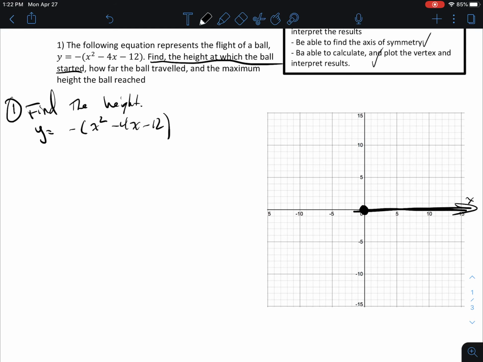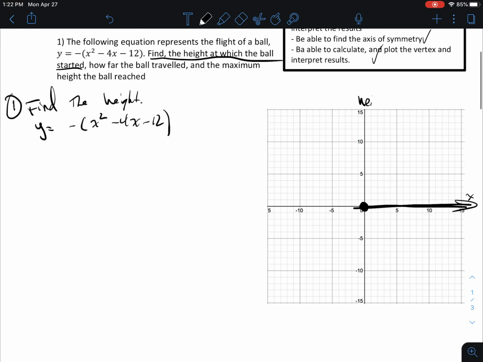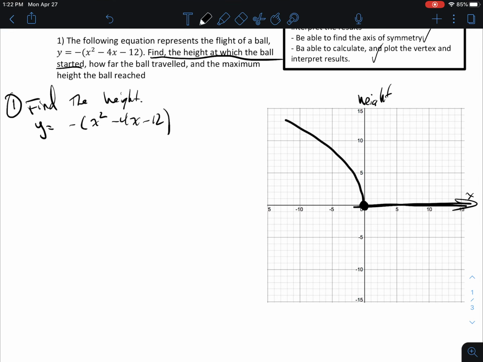Conveniently, most of the time we'll start at 0 because that's the easiest thing to do. So if we call the horizontal distance x, and this is height along the y, and I plug in the horizontal distance of 0 for x, I should get an answer for y, the height.